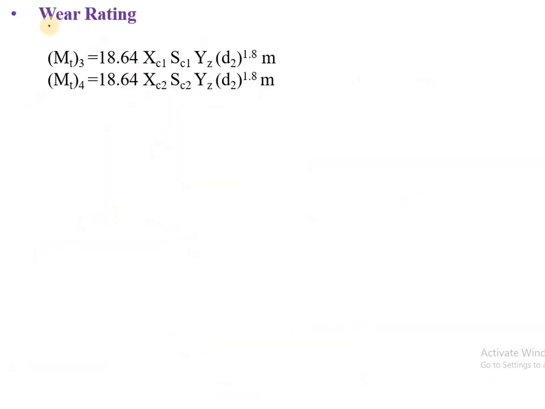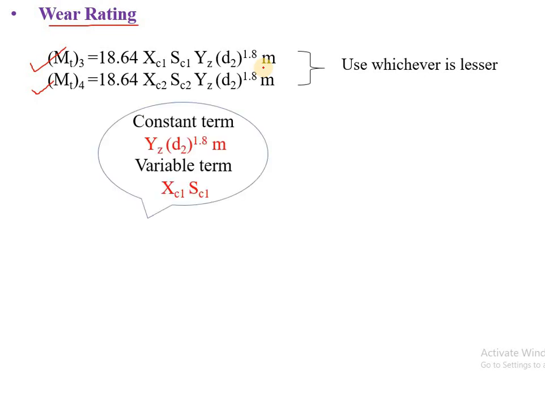Similarly, we have to go for wear rating. Again there are two formulas. Again out of this you have to select whichever is lesser. Now this is your speed factor, this is your surface stress factor, YZ your zone factor. D2 and M are the diameter of worm wheel and module. Again there are some constant terms, there are some variable terms.